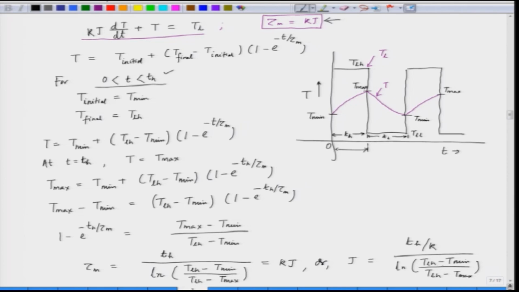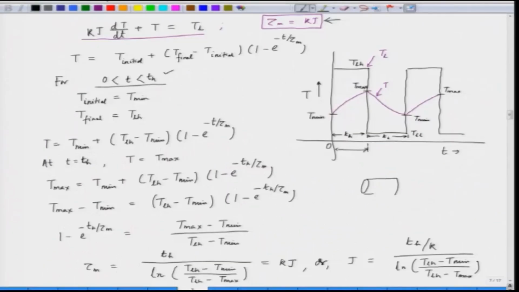Now, this inertia is a combined inertia, because we know that we have a motor here, we have the load in this case, this is the motor and we have the load, and what we have here is a flywheel. So, the combined inertia here is the J. J is the combined inertia of the motor, load and the flywheel.